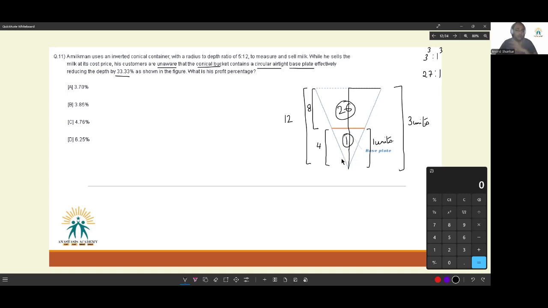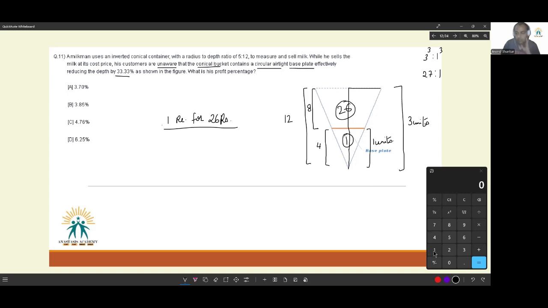And 1 unit he's not really selling. This portion has been cut off by that base plate. So he's giving 26 units, but he's charging 27 rupees for it. He's giving 26 units of milk, but he's charging the cost of 27 units of milk. So his profit will be, let's say if 1 unit of milk cost 1 rupee, he's earning 1 rupee for 26 rupees.